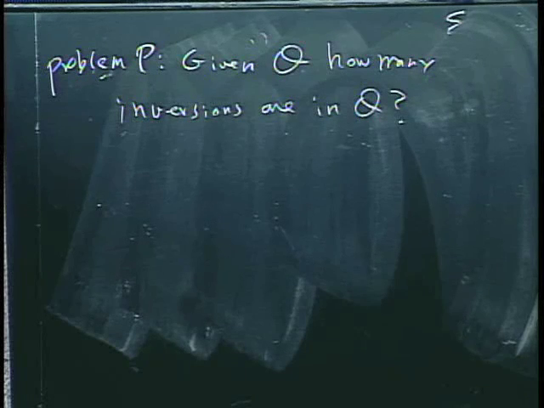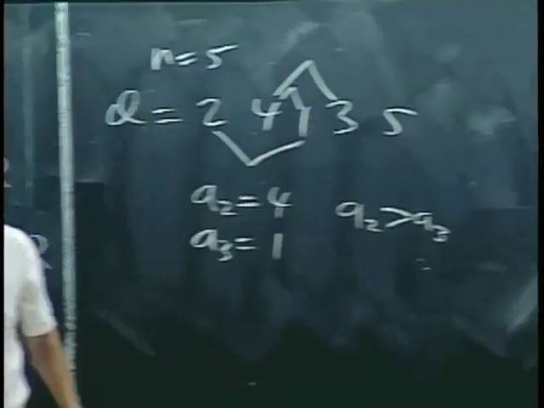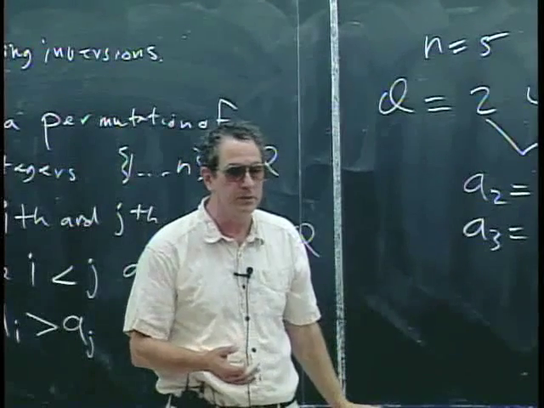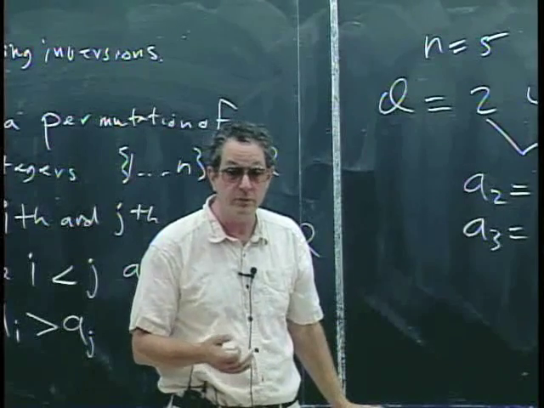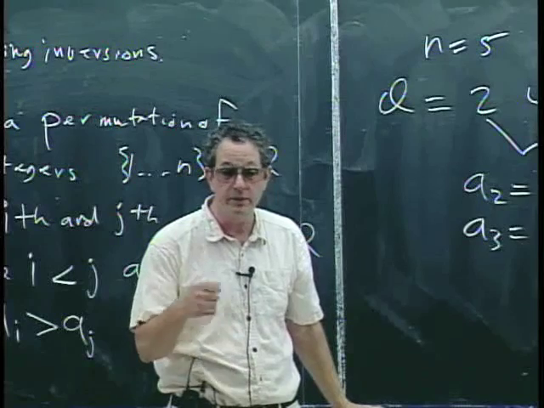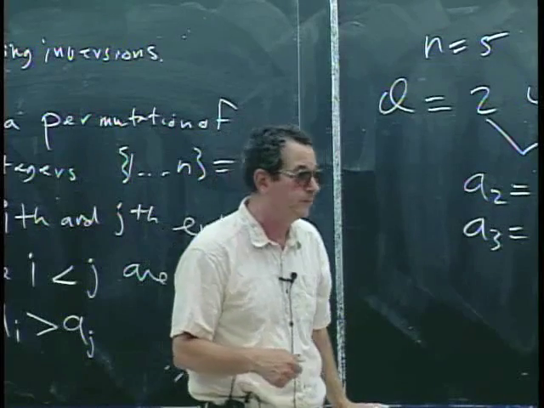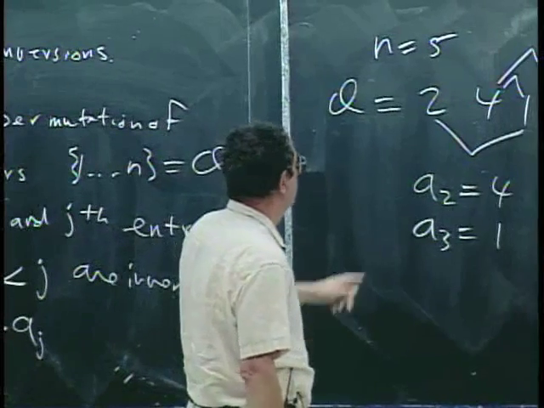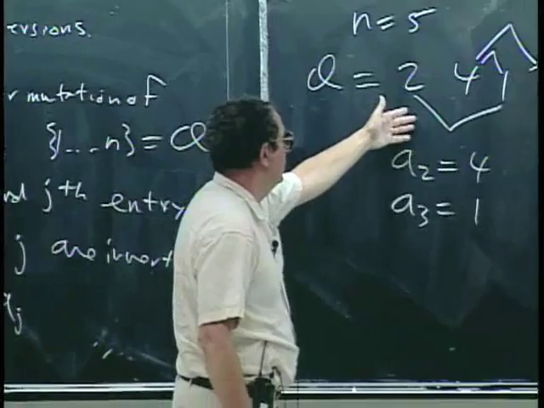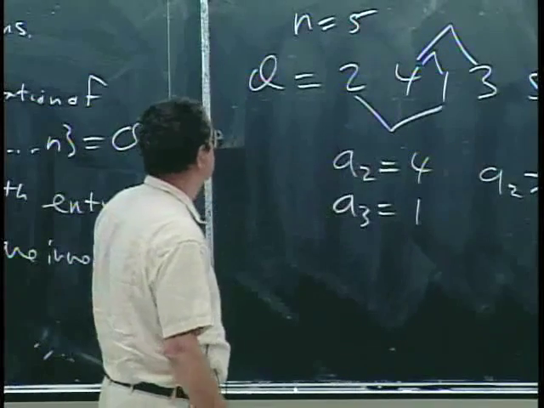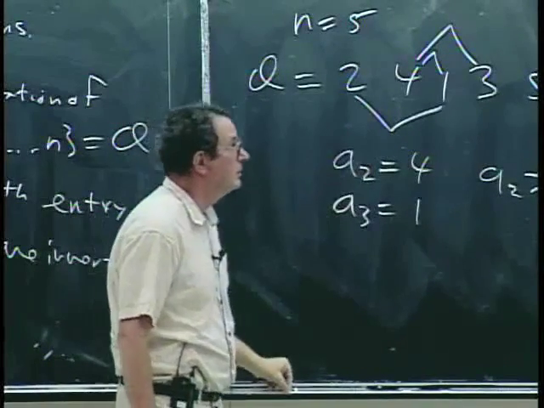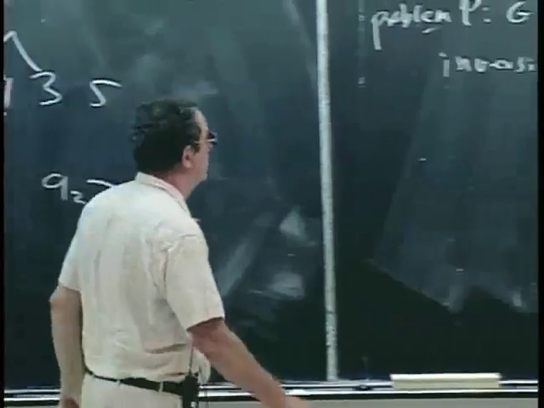So once we propose an algorithm, then we'll have to start thinking about what are the primitive operations in that algorithm, and then we can do the analysis of the worst case running time for that algorithm based on the primitive operations. Okay. So one question I might ask is, as a function of n, how many inversions can there be in the worst case?